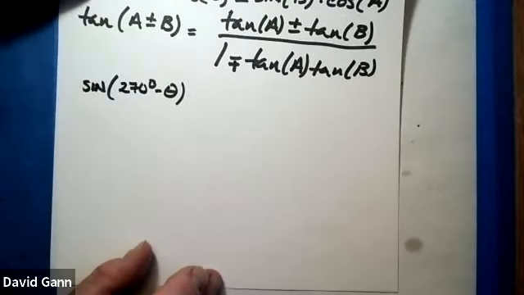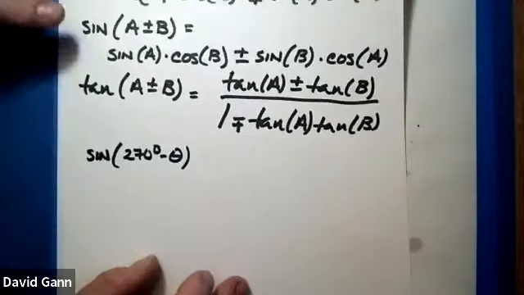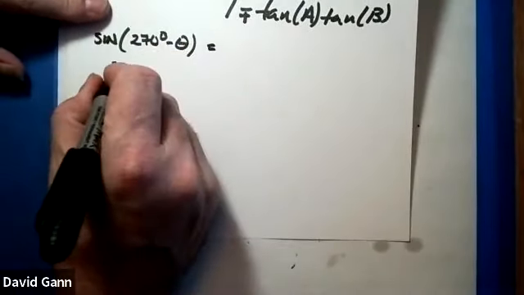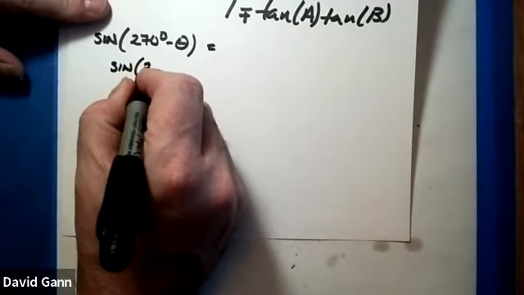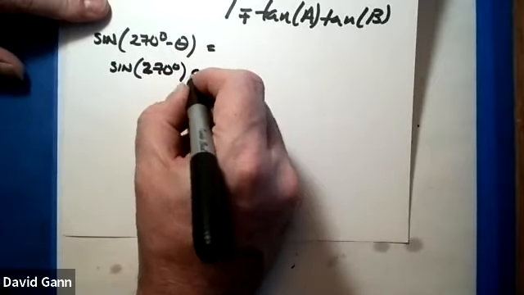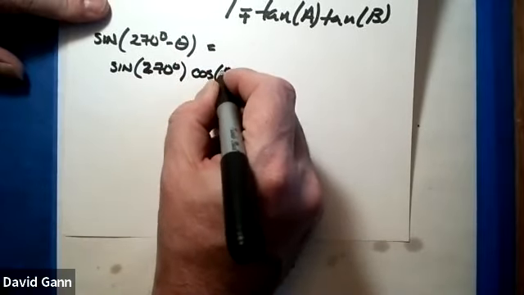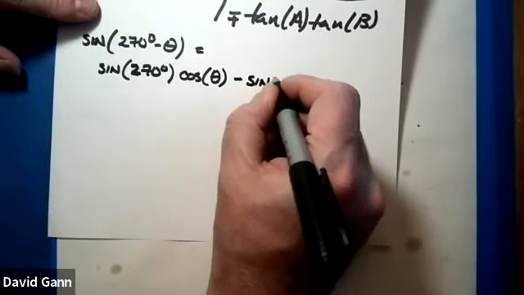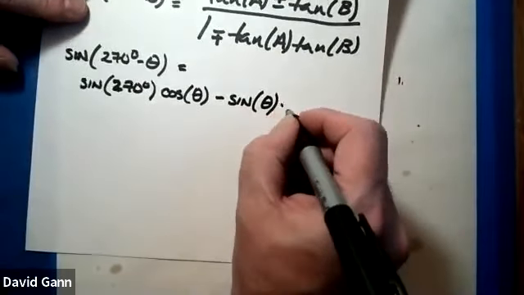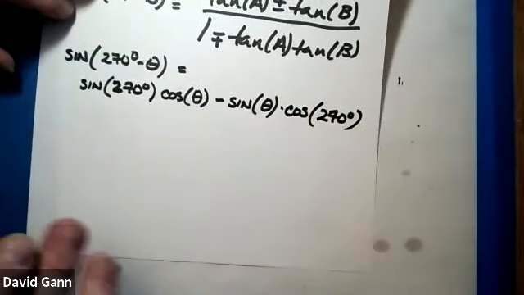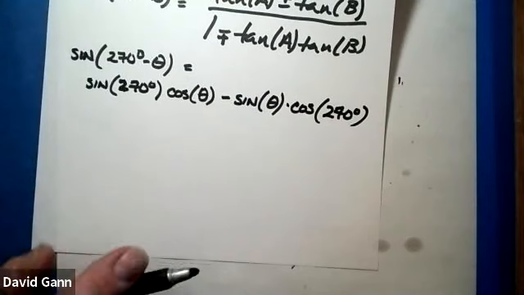So recall, for sine of a minus b, we have the sine of the first thing, which is 270 degrees, times the cosine of the second thing, minus sine of the second thing times the cosine of the first thing. Okay, 270 degrees and theta.